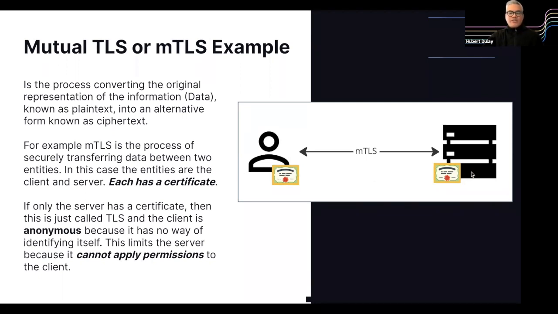So the server has no way to assess whether this person is who they say they are. And so therefore the server can't apply read or write authorization rules to this user. So this person is like coming into the lobby of a hotel or a building. You don't necessarily need credentials to come into the lobby, and you could walk around in there, but not get into the places that you would probably want to go.